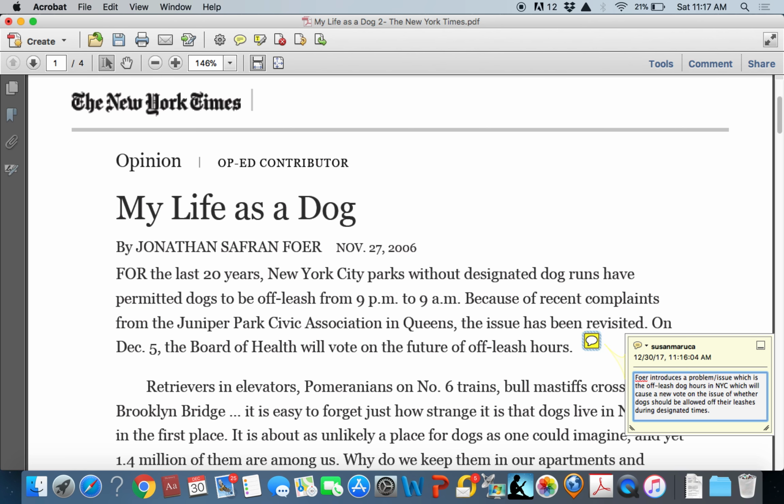Now sometimes your notes are longer than the actual paragraph, and that's okay, because what you're doing is explaining this piece and where it fits in your analysis. So you're not just restating the paragraph, you are explaining the relevance of this paragraph. And for our purposes, the relevance is introducing this problem or issue and what the problem or issue is specifically, because there may be more problems or issues introduced later.